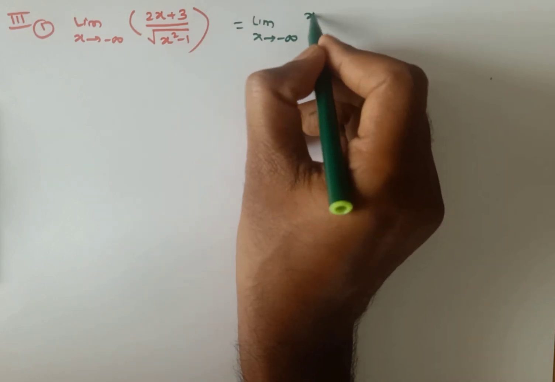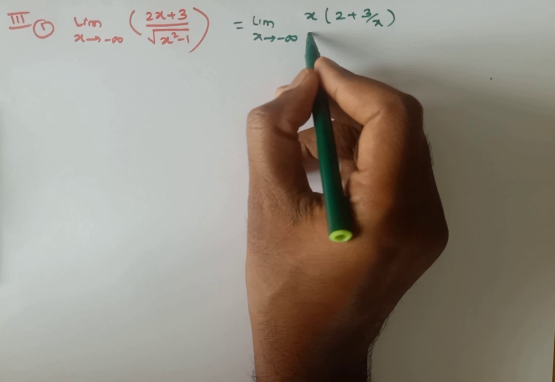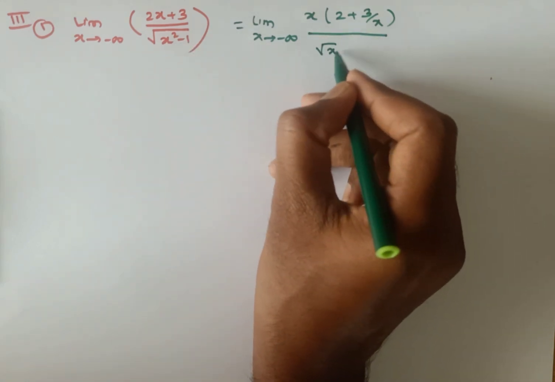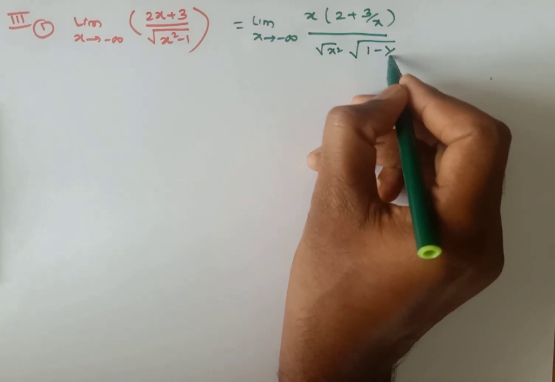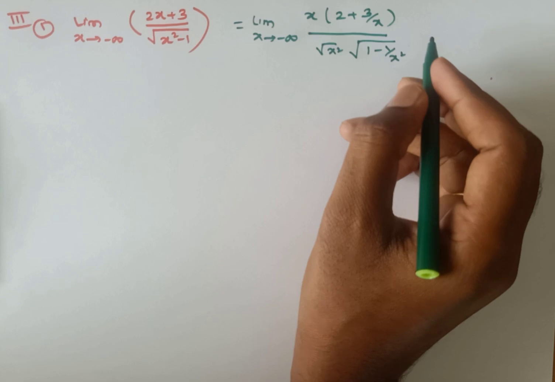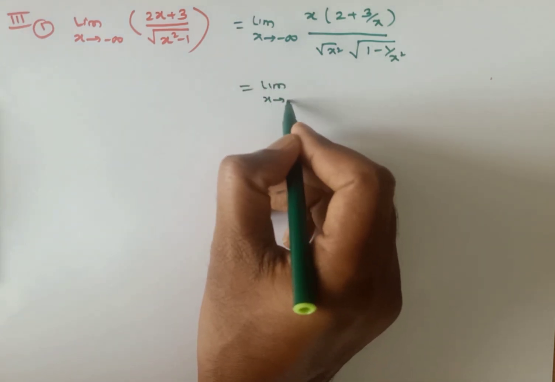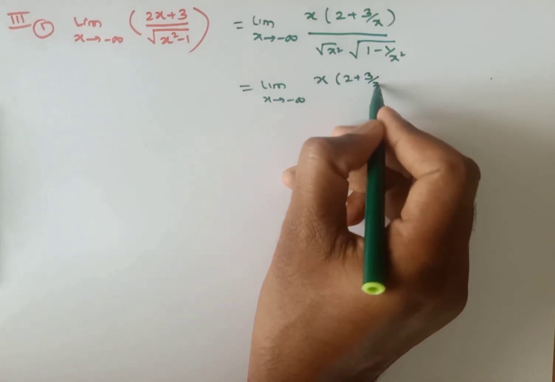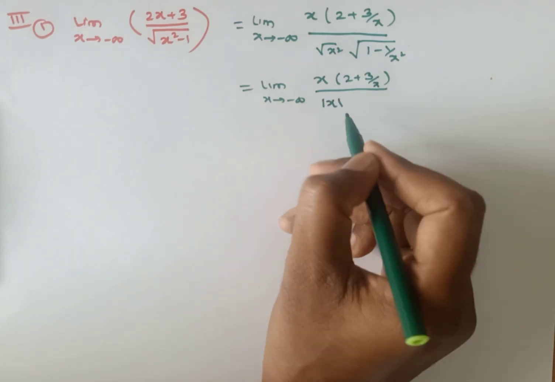Here x is common: x into 2 plus 3 by x, divided by, taking x square common, root of x square into root of 1 minus 1 by x square. Now as x tends to minus infinity, root of x square is nothing but modulus of x.